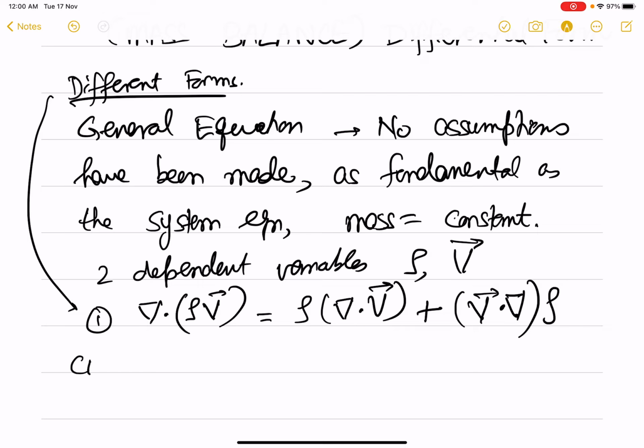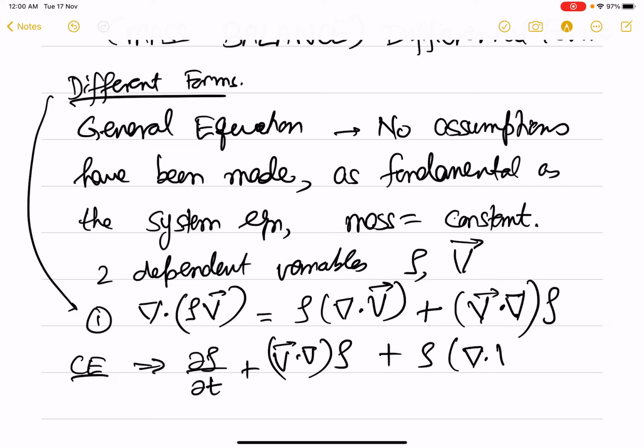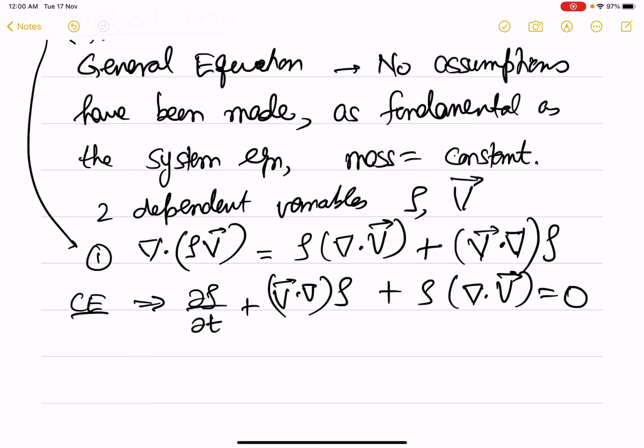So therefore, the continuity equation, I'll use the sign CE, becomes partial rho by partial t plus v dot grad rho plus rho times del dot v is equal to 0. Now notice v dot grad and del dot v are not the same things. We have seen this in the last class.